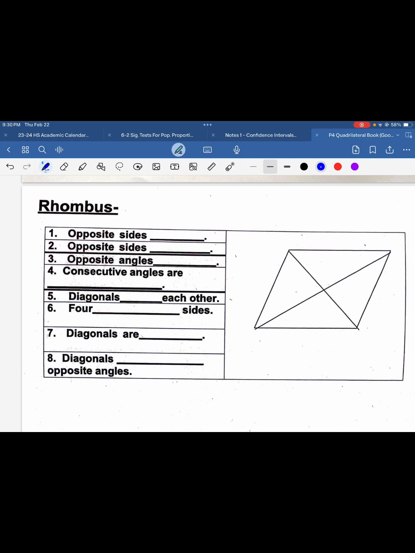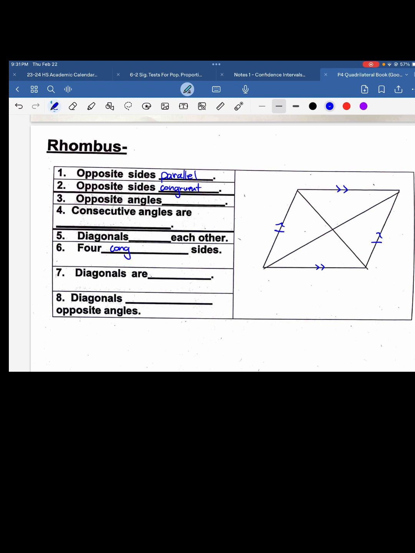We know that a rhombus, or any parallelogram in general, has opposite sides parallel, and that opposite sides are congruent. And while yes, opposite sides are congruent for a rhombus, they even go a little bit further to say that all four sides are actually congruent.